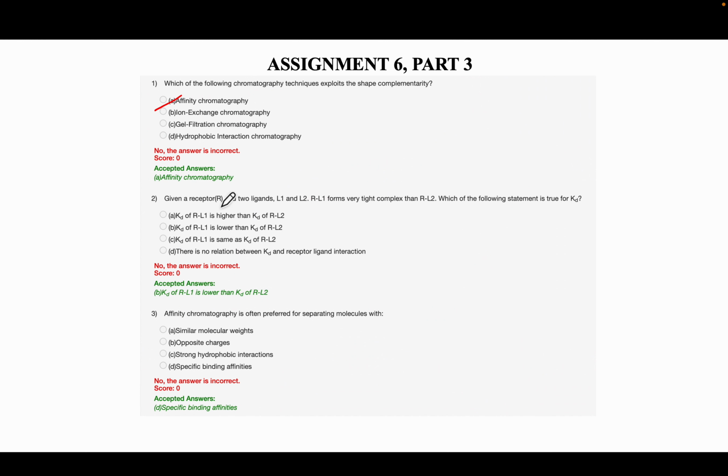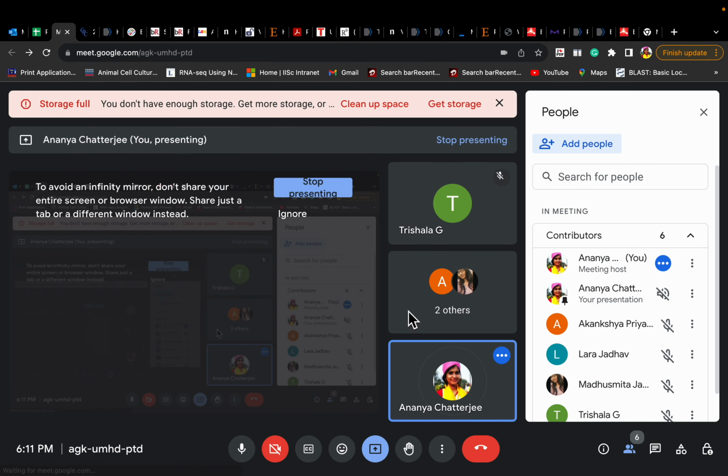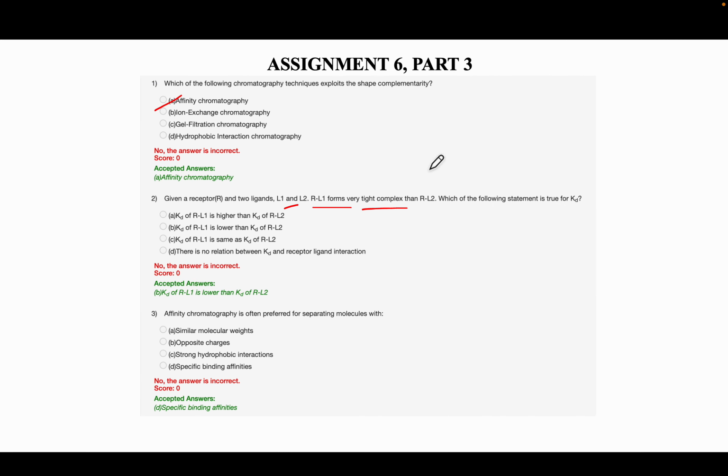Question 2: given a receptor and two ligands, ligand 1 and ligand 2, where the receptor forms a complex between R and L1, which complex is very tight compared to RL2. Which of the following statements is true for Kd? What is Kd? Kd is the dissociation constant.